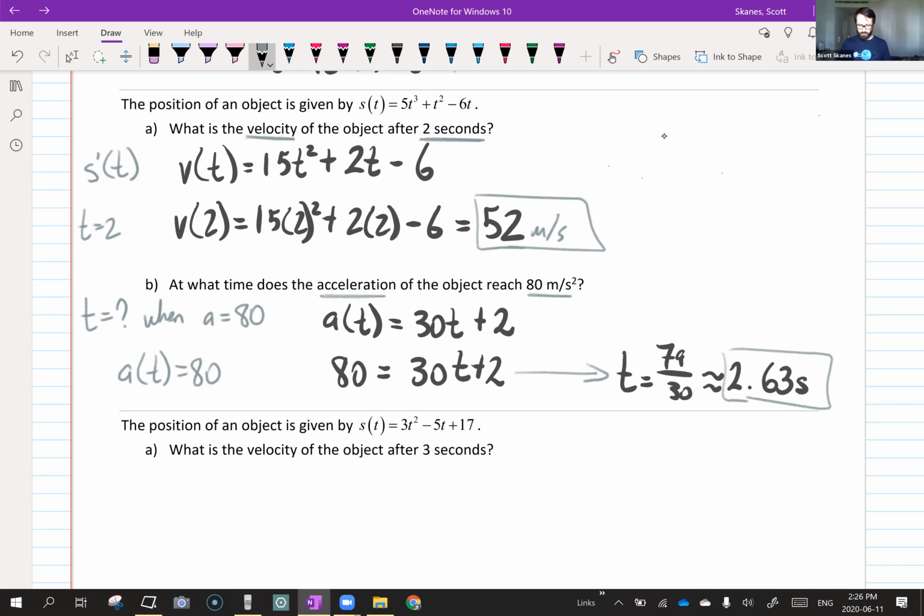Sorry, I'm looking at 58. Sorry, which 58 are we looking at? Velocity. 15, 2 squared plus 2 minus 6. I'm getting 56. Oh, I see what I did wrong. Minus 6. 58.